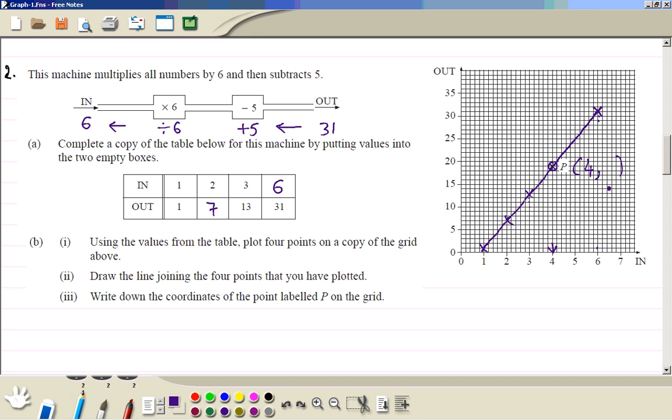Then we find the y coordinate, which is 19. You can just check it from the function machine. If the input is 4, 4 times 6, 24, take away 5 is going to be 19.